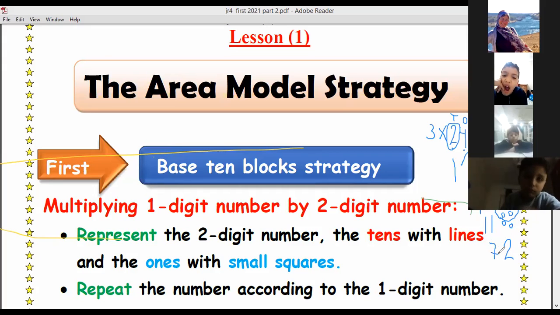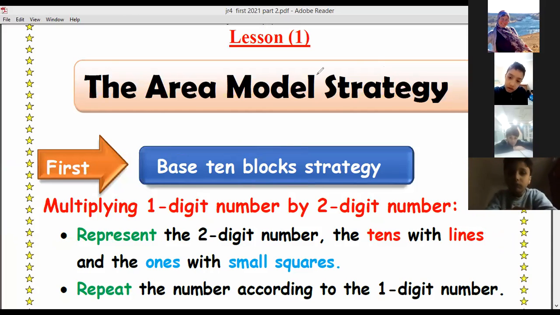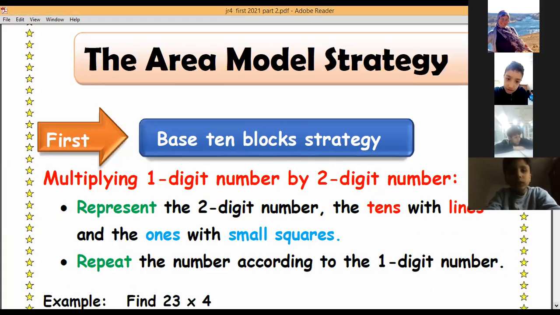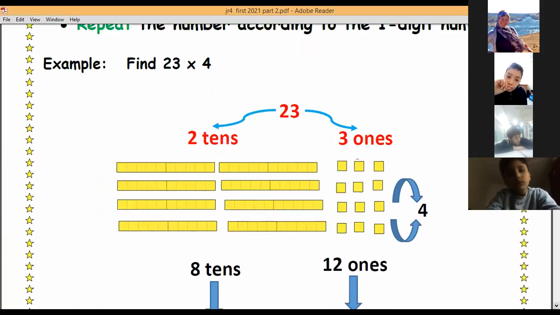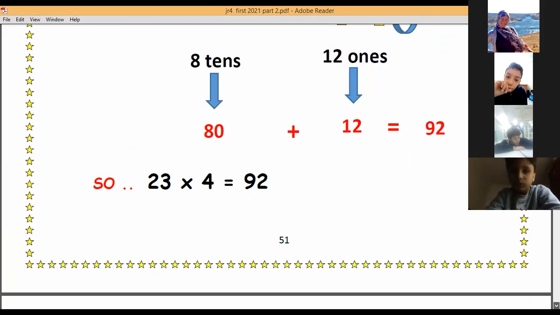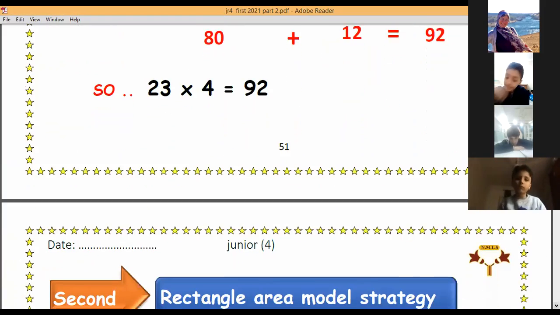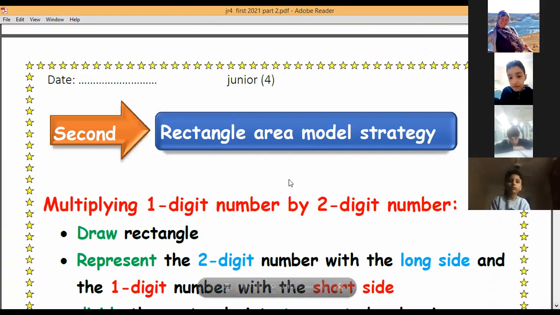This is the first way to solve the problem. Okay, now I'm gonna clear this and take the second way.